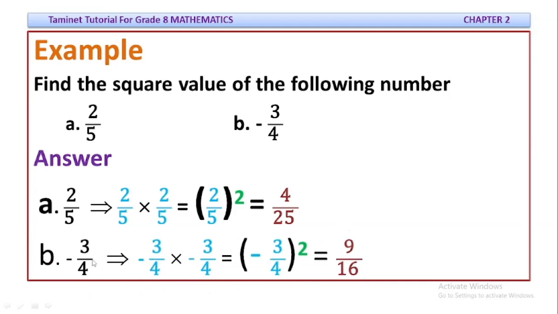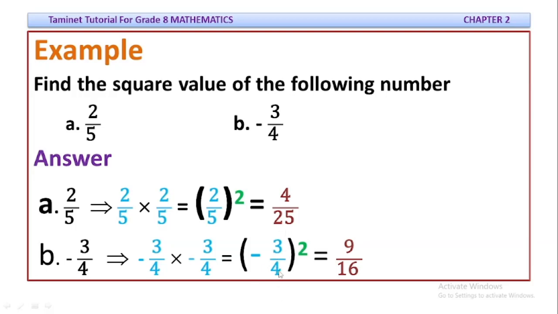Second, negative 3 over 4. To calculate the square of negative 3 over 4, multiply negative 3 over 4 by itself, by negative 3 over 4. That means negative 3 over 4 squared. So square the numerators and denominators.